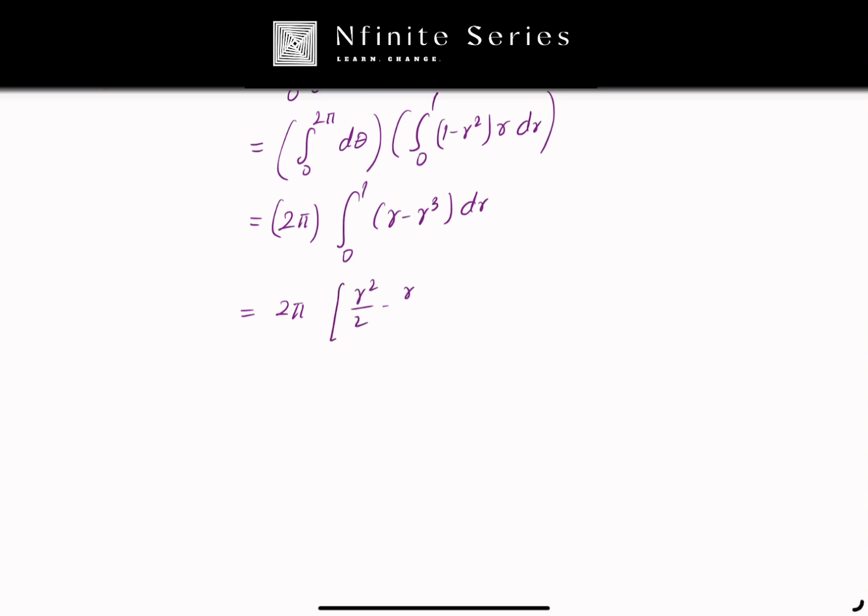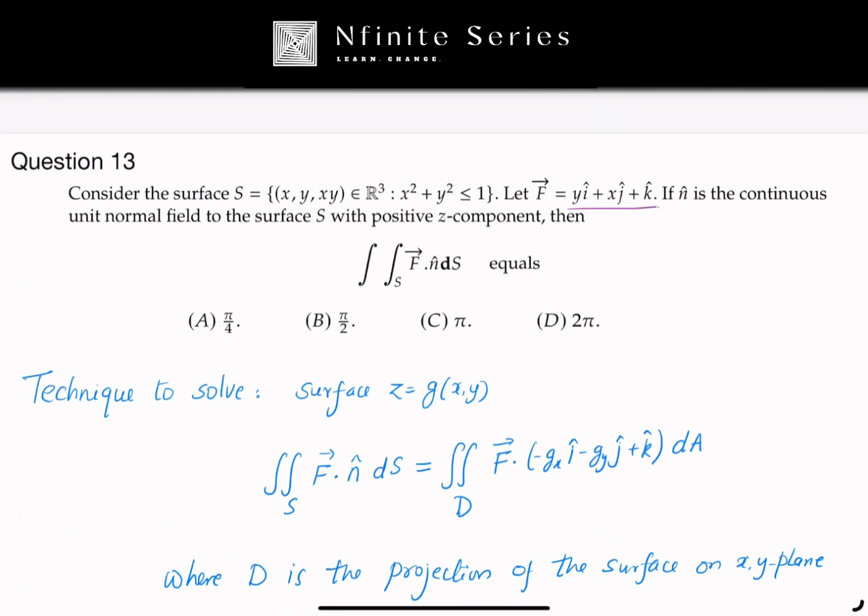This is given by r squared by 2 minus r power 4 by 4. Apply the limits of the integration. We have 2 pi times (1 by 2 minus 1 by 4 minus 0). Simplify, you get 2 pi times half minus 1 by 4 is 1 by 4. And this gives the answer pi by 2. So the correct option is B.